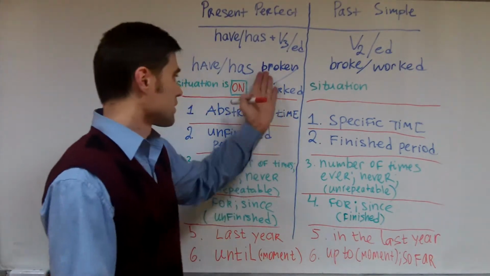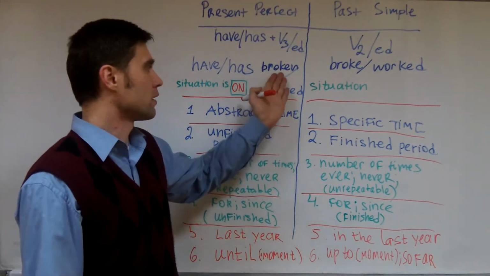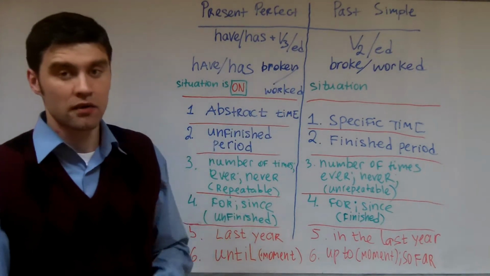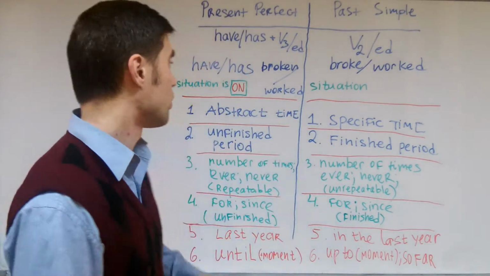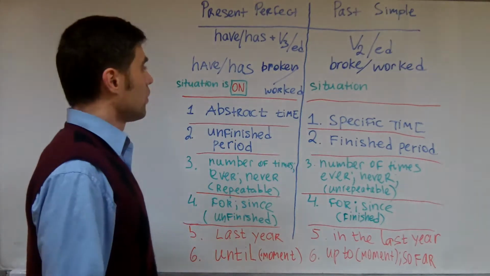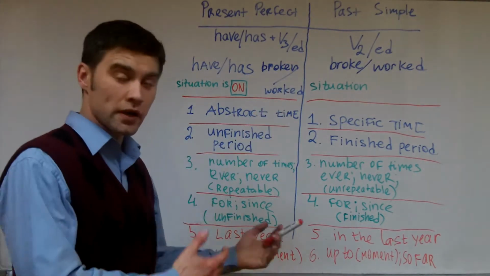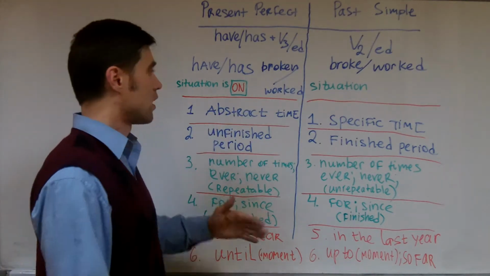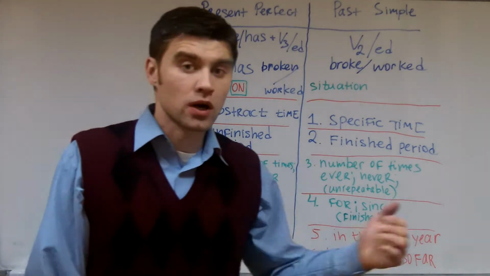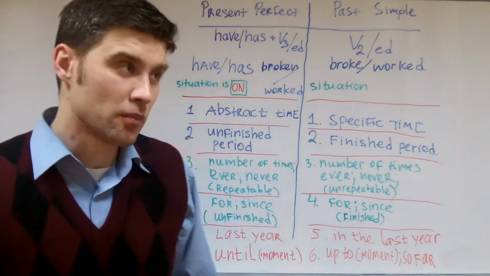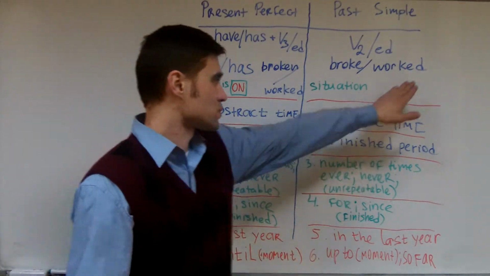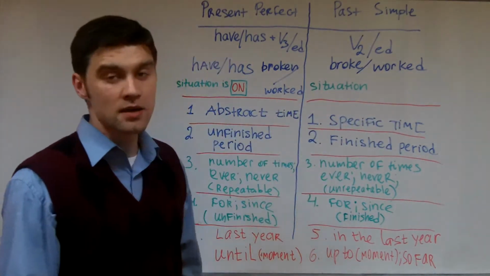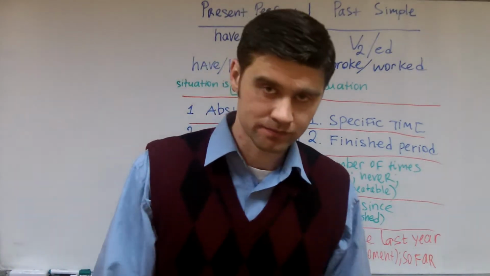Here we see break, broke, broken. Broken is the third verb form, broken, or worked. It's a regular verb. Break is an irregular verb, work is a regular verb. Now, work, worked, worked. So the past simple and the past participle, as we see here, they're the same in the case of regular verbs.